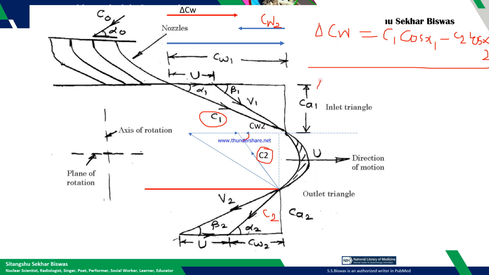So if that is the case, the steam velocity component which is causing the torque by reaction is delta CV, which is basically the cos component of V1.